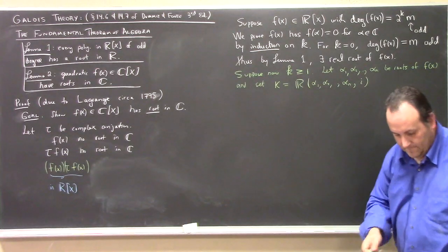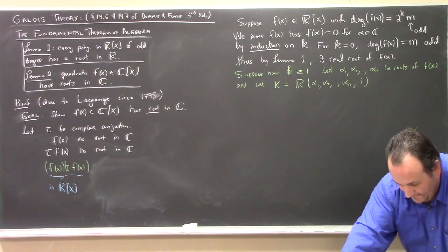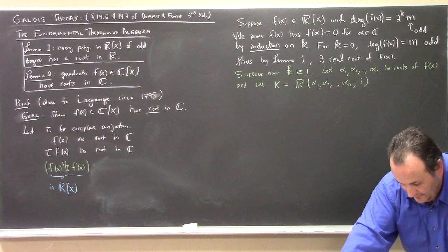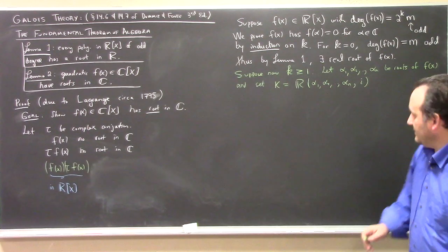All right? We're going to show that this is equal to C. Then K is a Galois extension of R containing C and the roots of f of x.